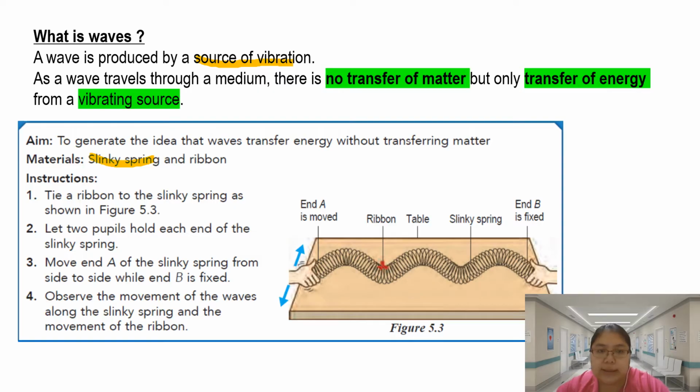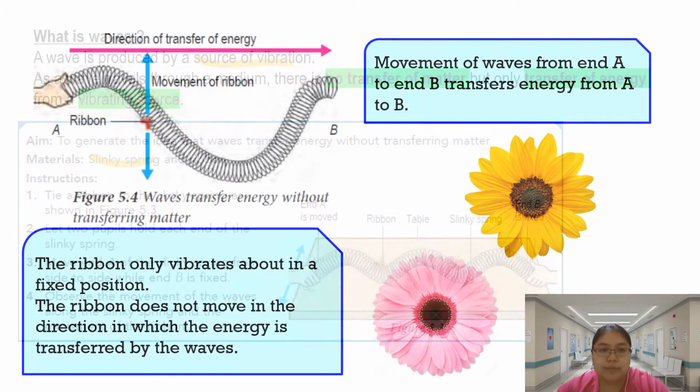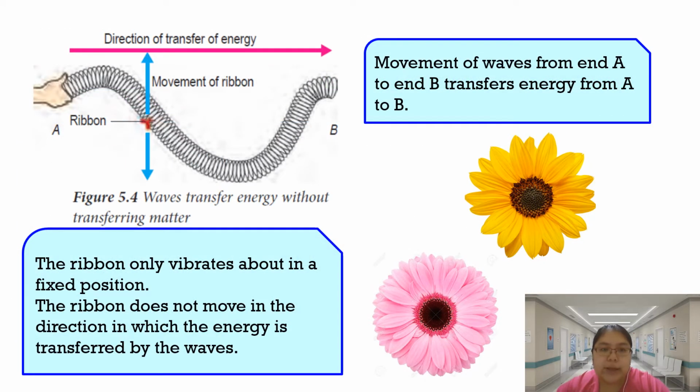Now we're going to see the diagram. This one is the ribbon, tied here. When student A moves up and down, the ribbon also moves up and down. But the direction of the wave pattern is from A going to the right. This we call energy transfer. So from here we see the explanation.